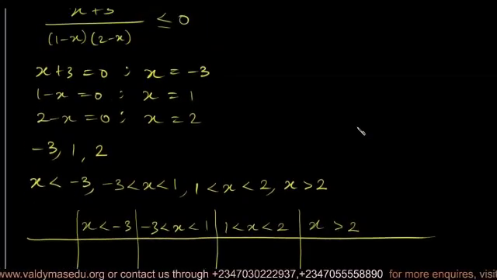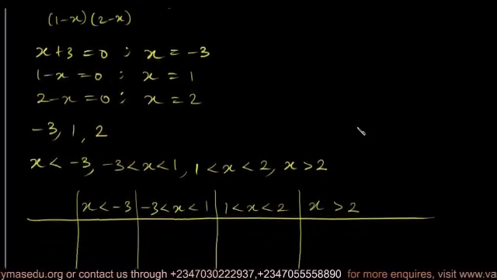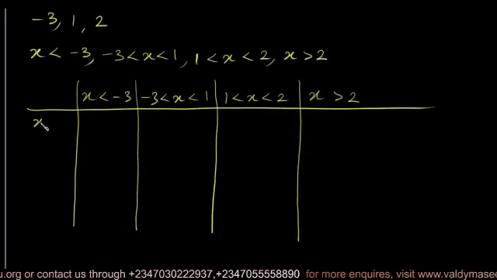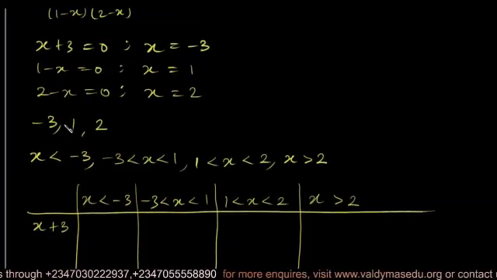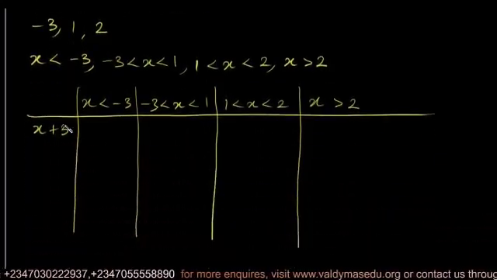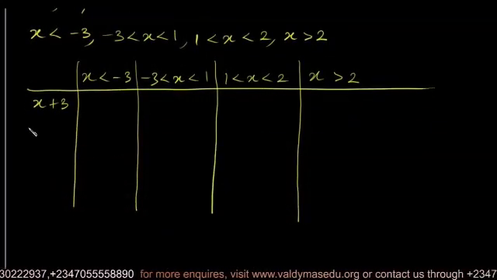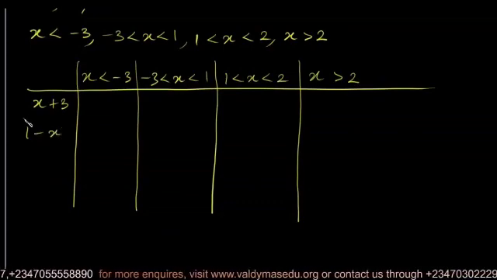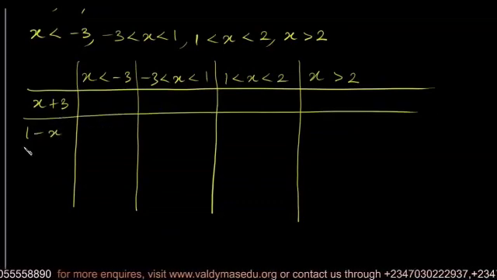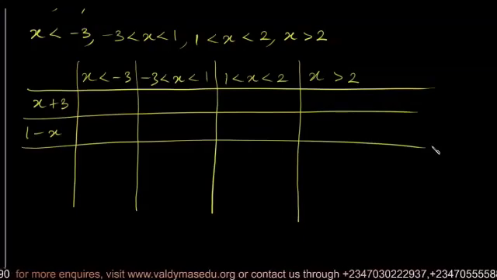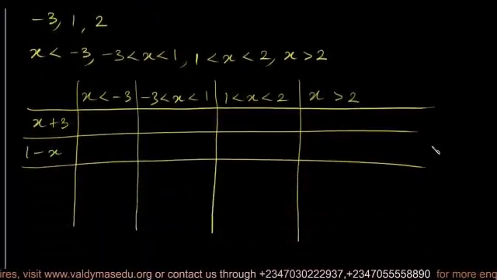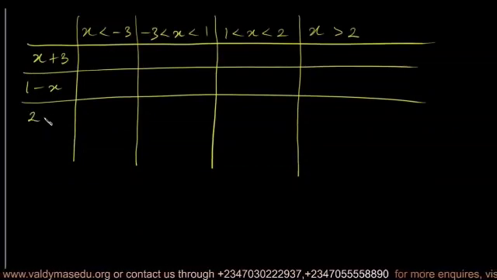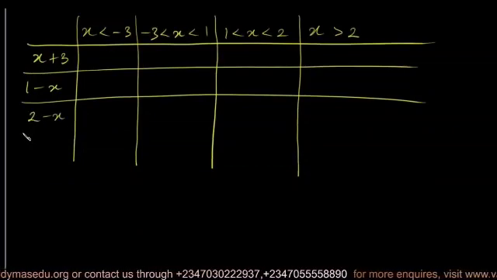On this side, we have x plus 3, followed by 1 minus x, followed by 2 minus x.